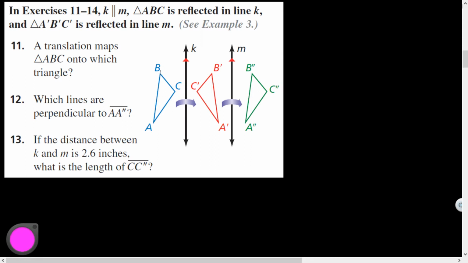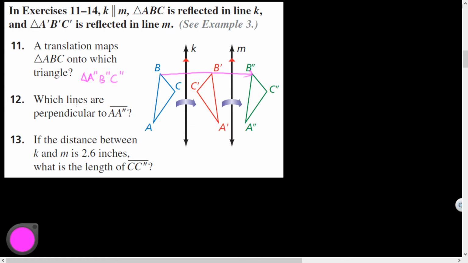B double prime? Oh, yeah, triangle. I thought you were naming the transformation there. But that's the one, right? It's mapping it this way, like so. So that's triangle A double prime, B double prime, C double prime. So that's a transformation like such.